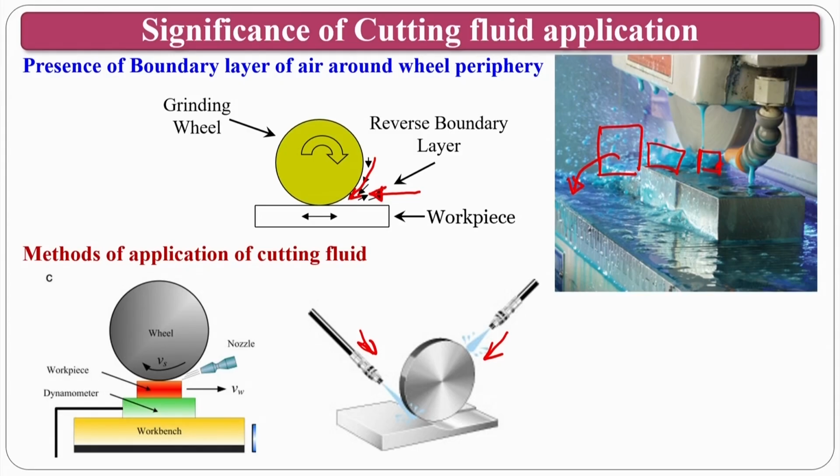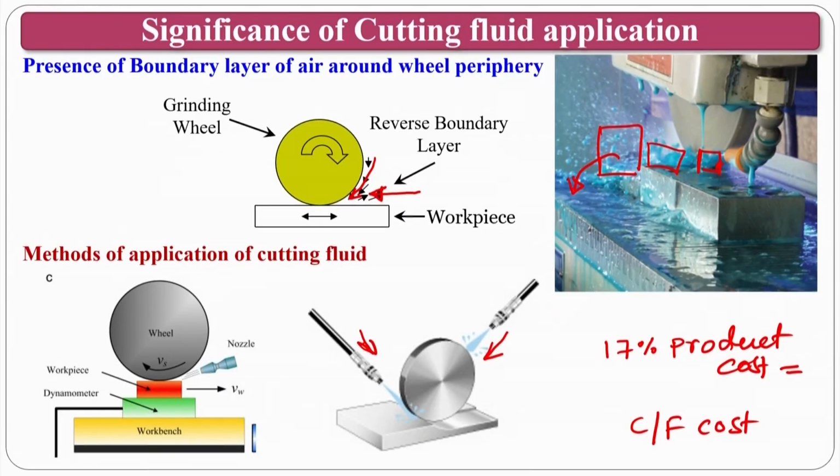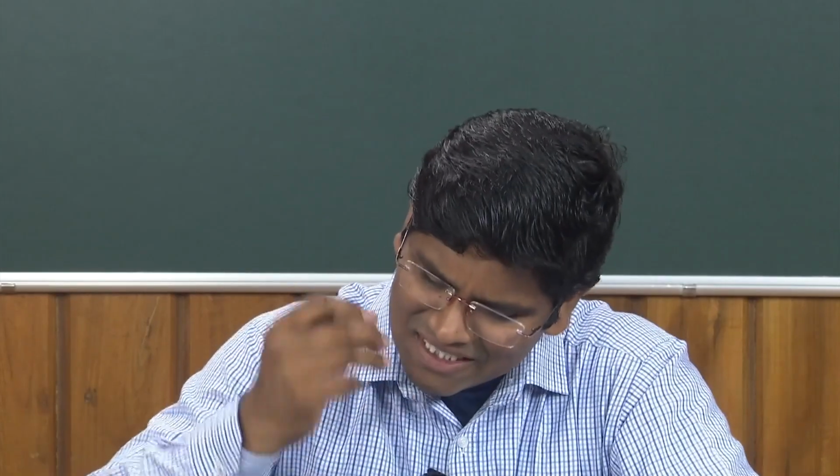As I already said, cutting fluid accounts for about 17% of the product cost. If you are going to use multiple jets and other things, the cost may slightly go up. Please make sure that you do not use multiple jets unless you have the necessity, or if you are working with advanced materials where the temperature generation is so high, in those circumstances you should use it.